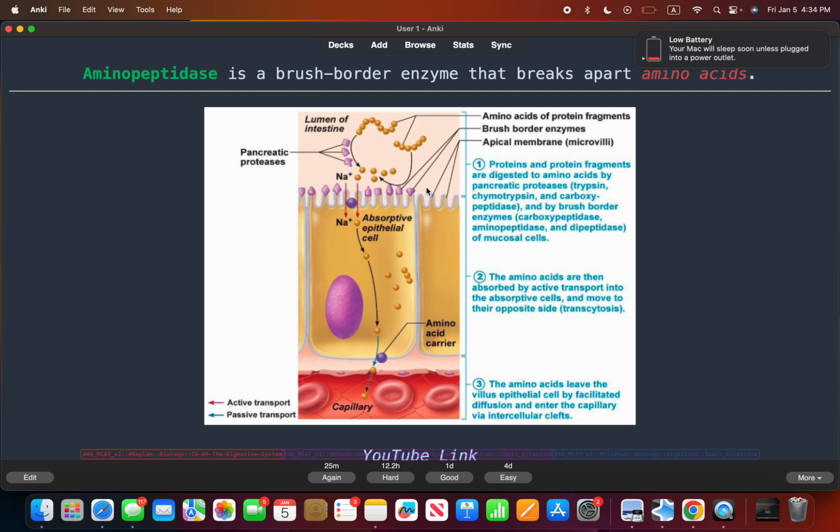So we have amino acids of protein fragments, brush border enzymes, apical membrane. Proteins and protein fragments are digested to amino acids by pancreatic proteases, trypsin, chymotrypsin, and carboxypeptidase, and by brush border enzymes, carboxypeptidase, aminopeptidase, and dipeptidase of mucosal cells.